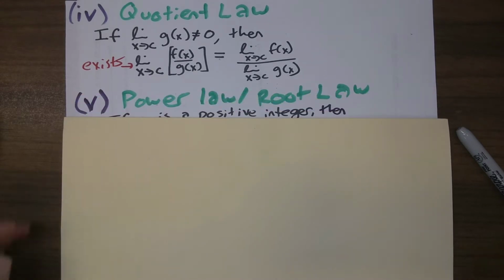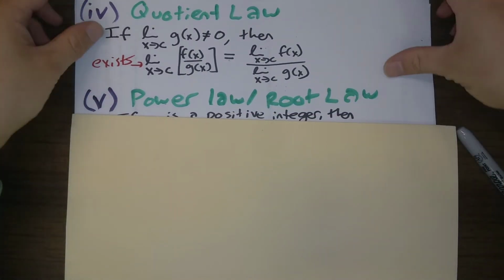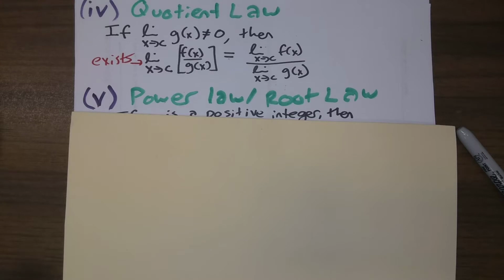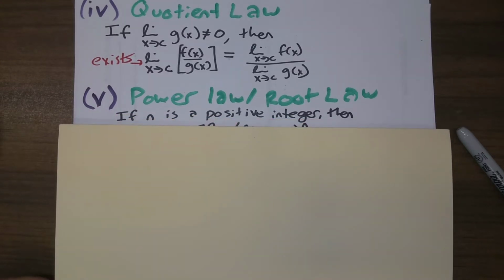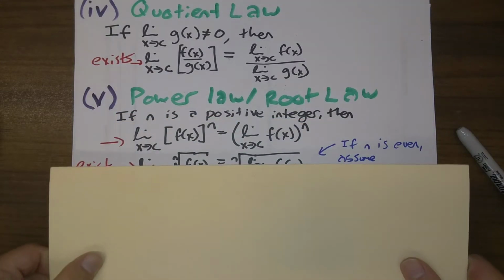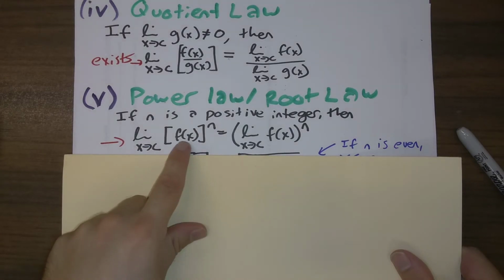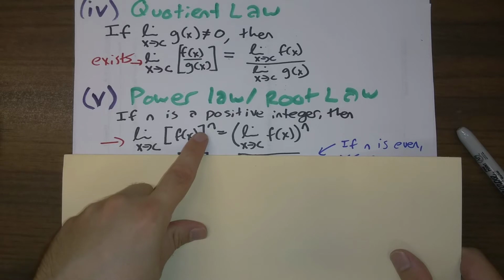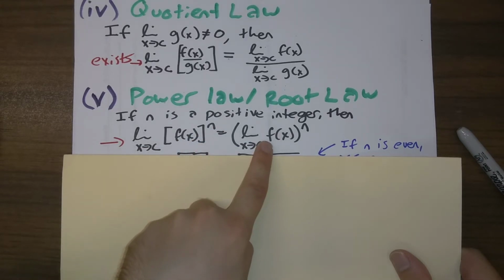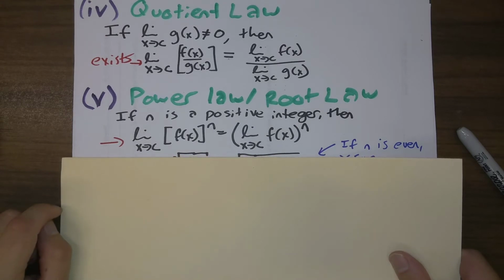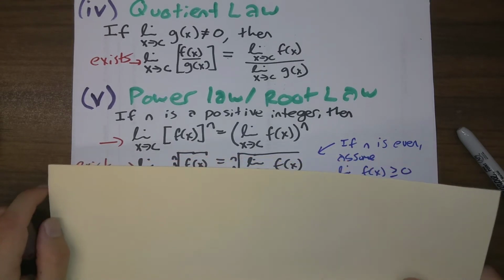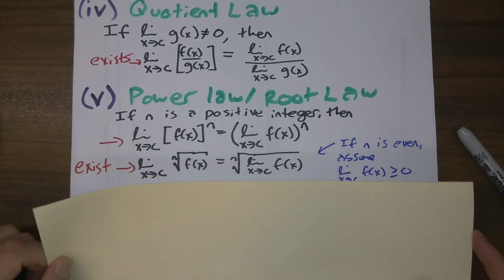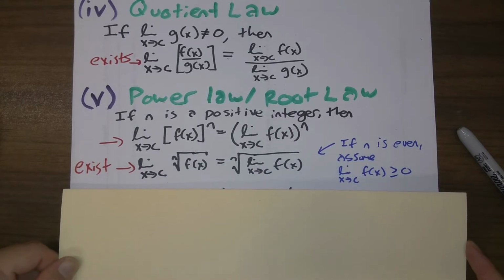And then our fifth law is going to be the power law, or the root law, which says that the limit as x goes to c of some function raised to the n power, like we could be cubing this here, the limit as x goes to c of f of x cubed, is take the limit and then cube the limit. So we can interchange the order of the limit and this exponent. We can also do this for roots as well.